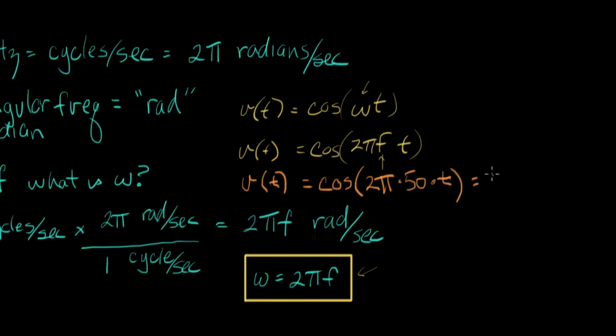And that's the same as cosine of 100 pi t. So this number right here, 100 pi, that's omega. And this number right here is F.